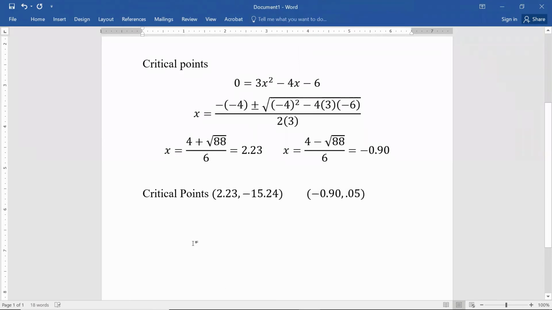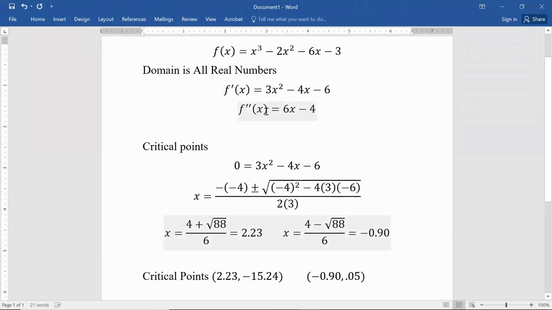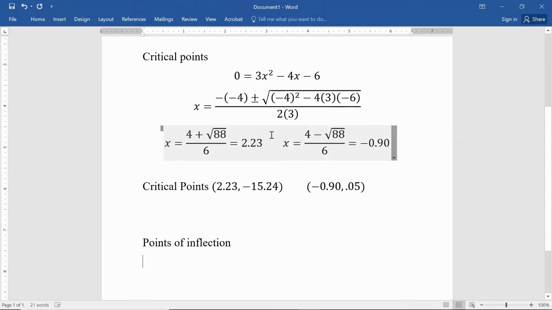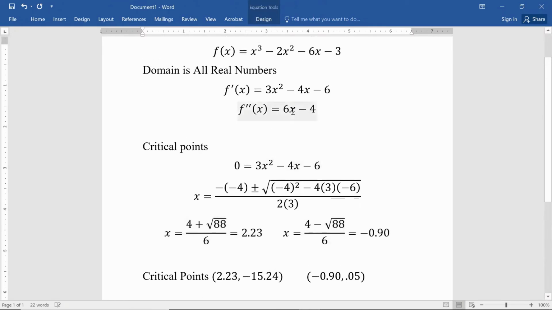Those are different than the points of inflection. Remember, the points of inflection happen when the second derivative is equal to 0. In this case, my second derivative, if you recall, was up here, 6x minus 4.